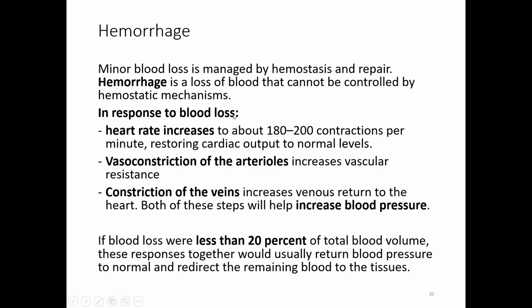In response to blood loss, heart rate increases up to 180 to 200 beats per minute to restore cardiac output. Also, to increase blood pressure, two things happen: vasoconstriction of the arterioles and constriction of the veins. It usually works if blood loss is less than 20% of total blood volume. Together, these responses return blood pressure to normal and redirect the remaining blood to the tissues.